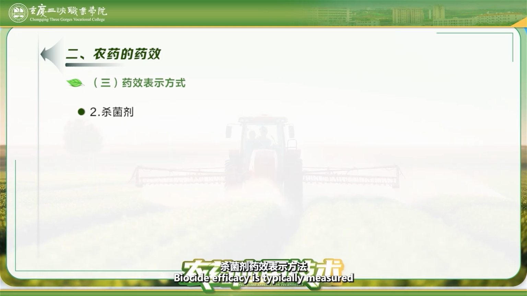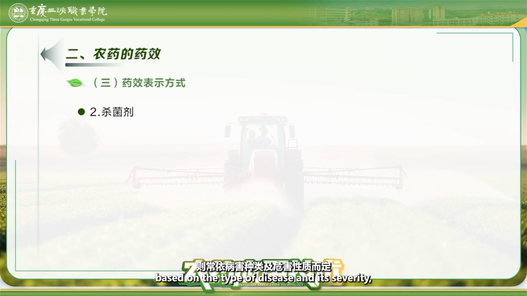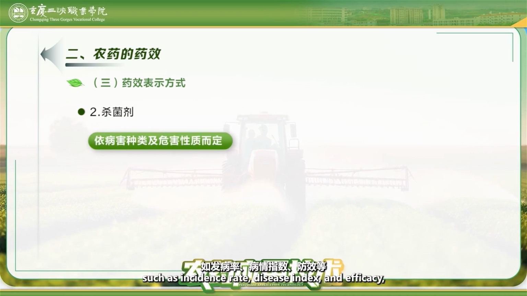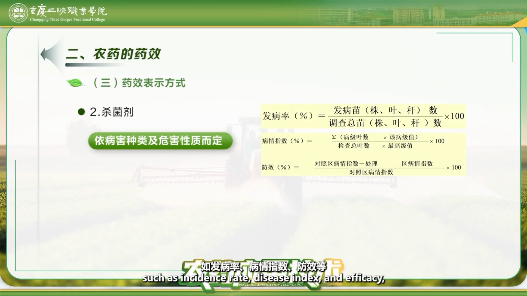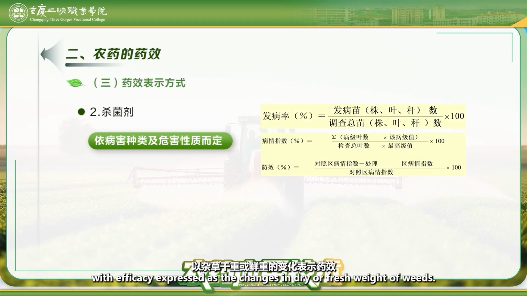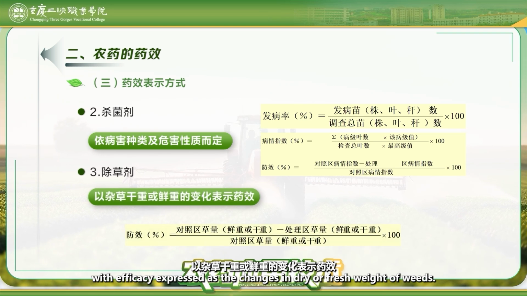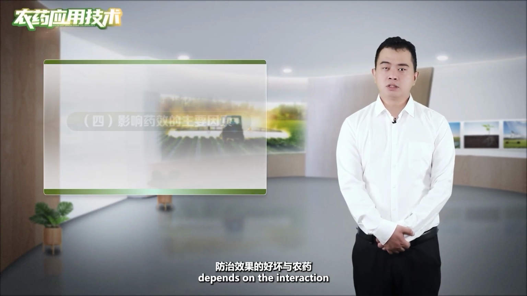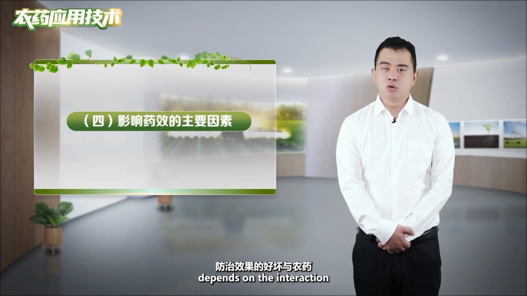Biocide efficacy is typically measured based on the type of disease and its severity, such as incidence rate, disease index, and efficacy, with efficacy expressed as the changes in dry or fresh weight of weeds. The efficacy of chemical pesticides in the field depends on the interaction between the pesticide, the organism, and the environment.